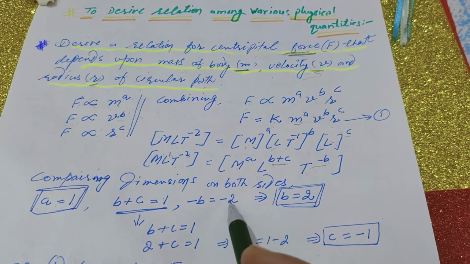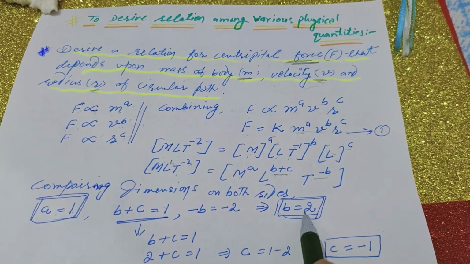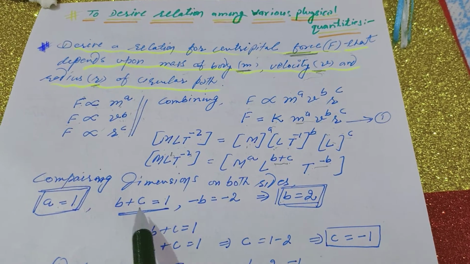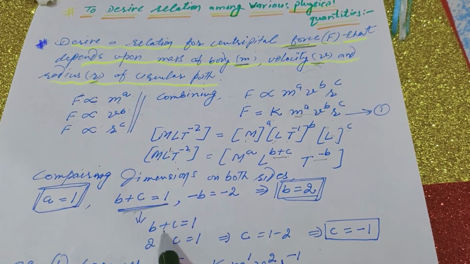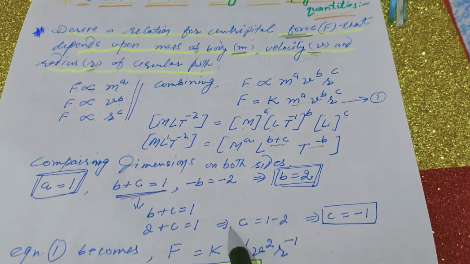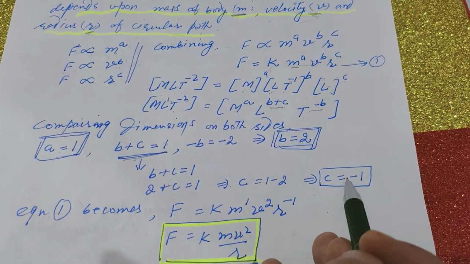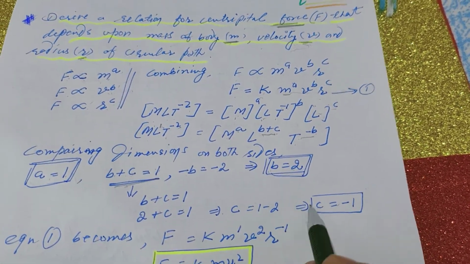So minus b is equal to minus 2. Cancelling the sign, b is 2. Now substituting b is 2 in this equation, c will become 1 minus 2, so c is minus 1. So now I have a is 1, b is 2, c is minus 1.